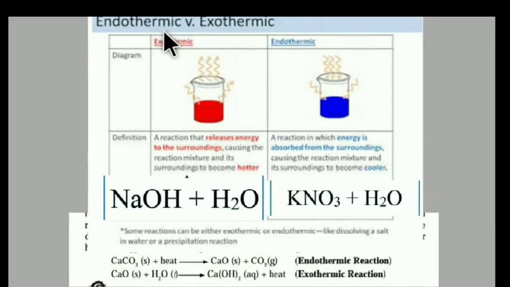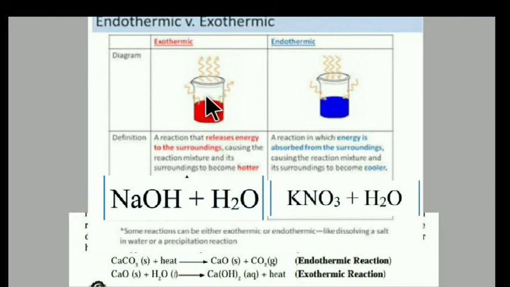Endothermic reaction versus exothermic reaction. Let's see. First, exothermic reaction: a reaction that releases energy to the surroundings, making the reaction mixture and its surroundings hotter, is called exothermic reaction.